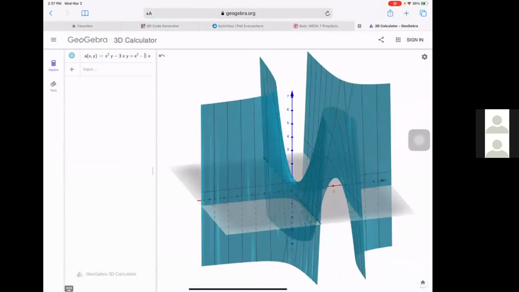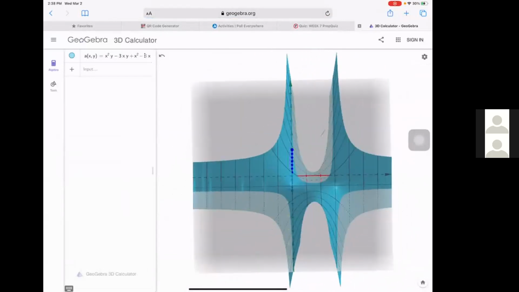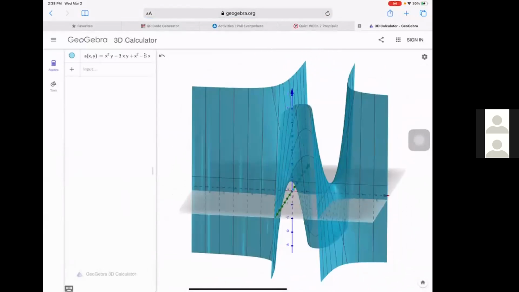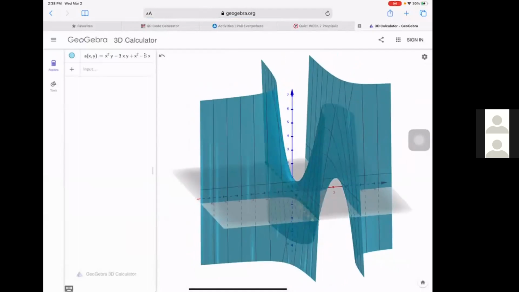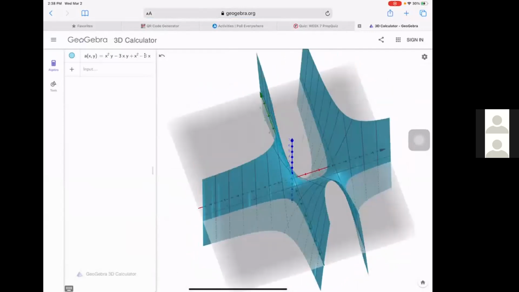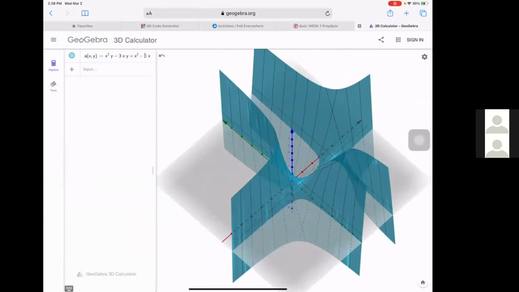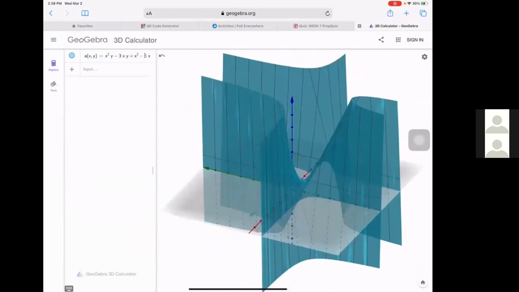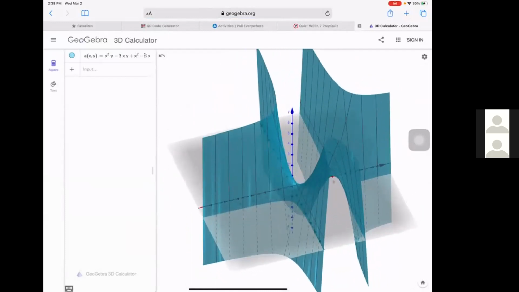So 0, negative 1 you see is kind of like this point right here. In one direction you have a max if you look at this part, but if you look at the upper part, you kind of have a min. Yeah, so that is what's called a saddle. You see how it's kind of swooping in. Any other questions on this example?